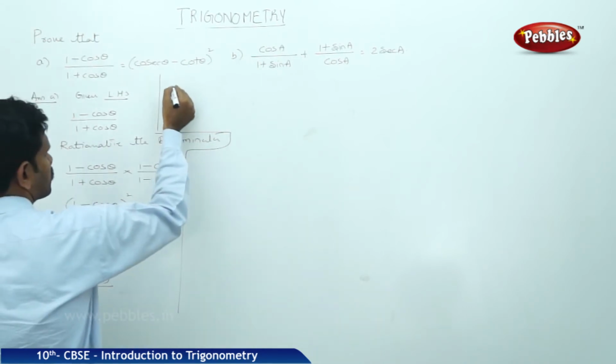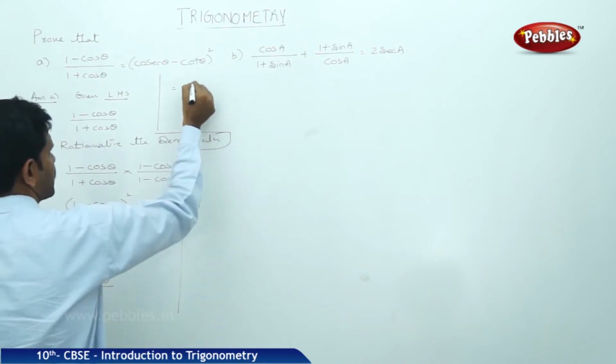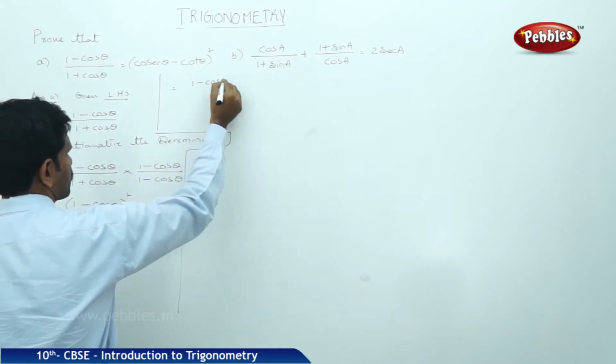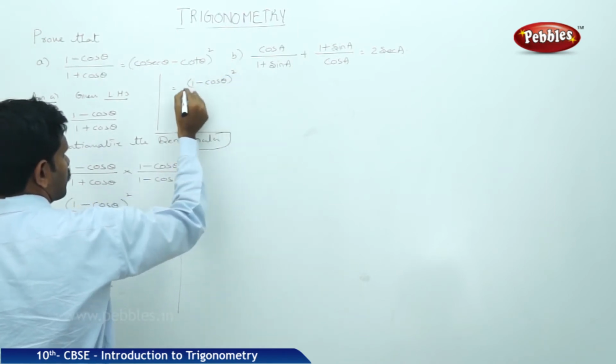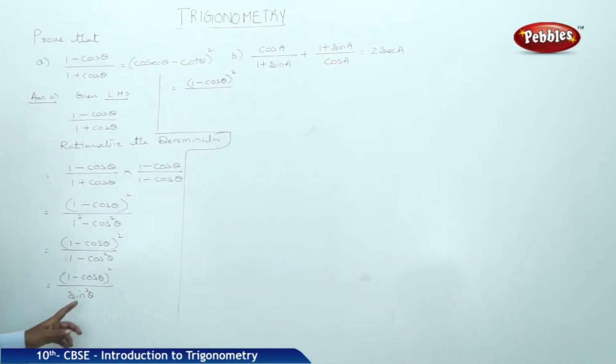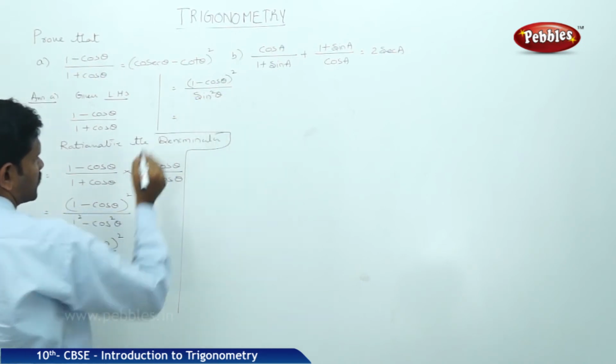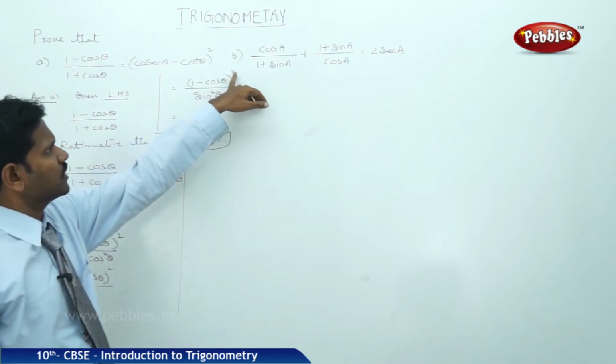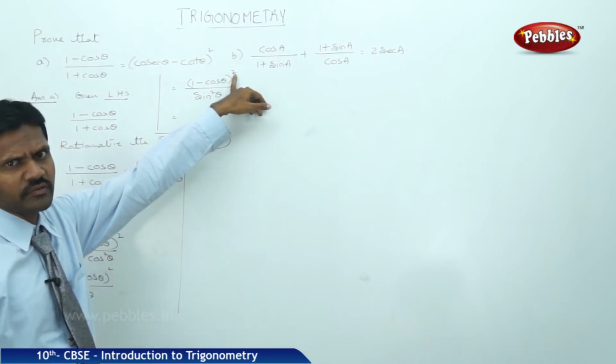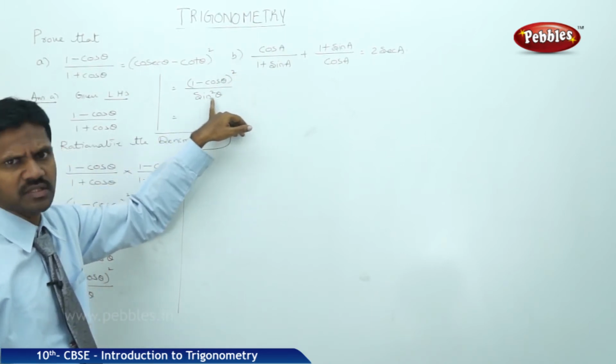Therefore our numerator is 1 minus cos theta whole square by denominator sin square theta, here whole square is there, here sin square theta is there.